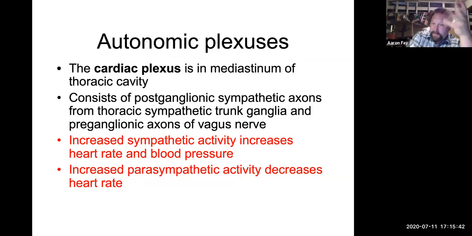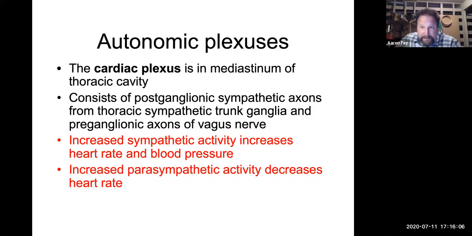Now, here's the information I do want you to clearly understand, right? Cardiac plexus, obviously it's around the heart. It's going to be in the mediastinum. So increased sympathetic activity to your cardiac plexus leads to an increase in heart rate, an increase in cardiac output, and an increase in blood pressure.